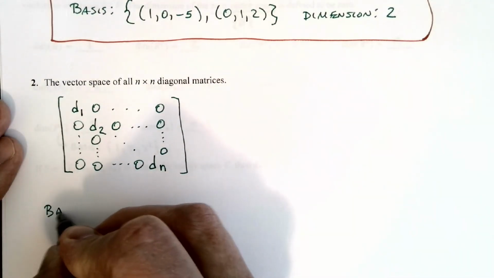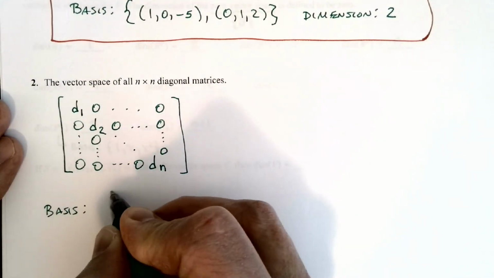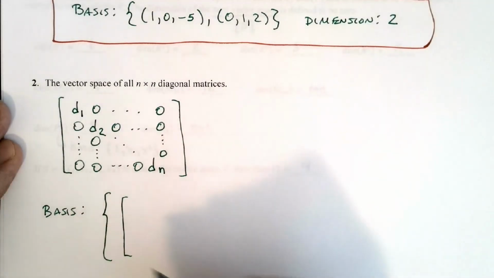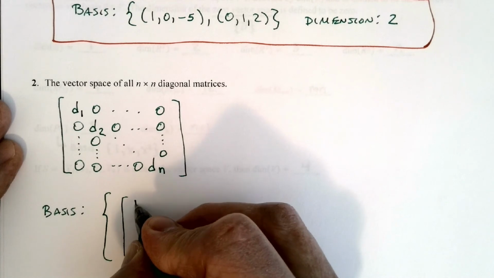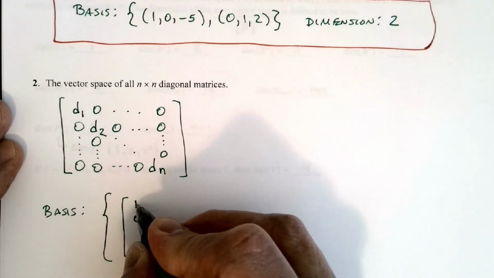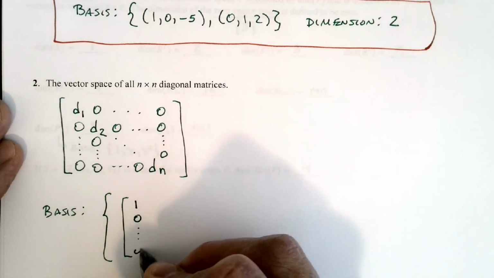We've done it before. What are we going to do? First vector in that basis will be the n by n matrix with a 1 here and zeros everywhere else.